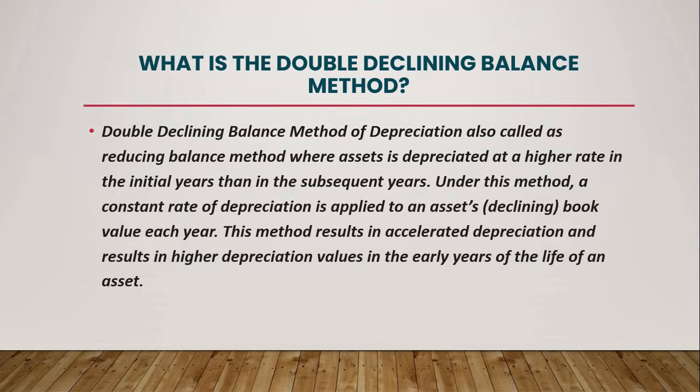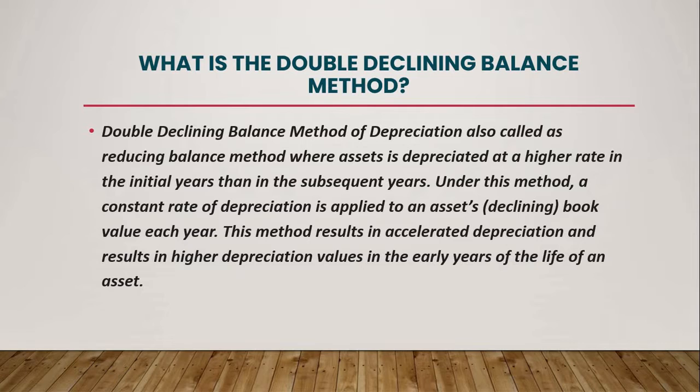This method results in accelerated depreciation and higher depreciation values in the early years of the life of an asset. So this is called the double declining balance method. Once again, it is also called the reducing balance method.